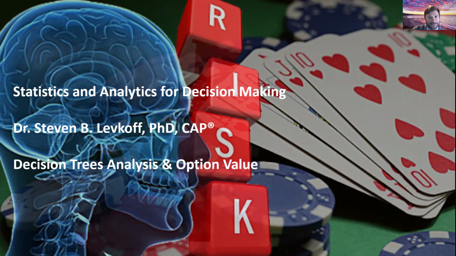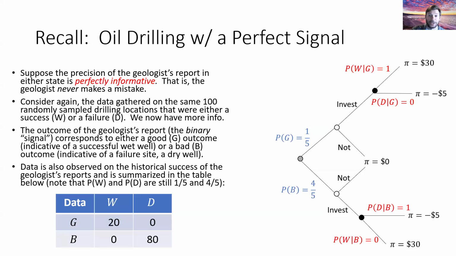Recalling that in the last segment, we considered computing the expected payoff with a perfectly informed signal, meaning we had a geologist that could perfectly identify whether or not we had a wet well, meaning it was a successful drill site, versus a dry well, meaning it was a failure drill site.